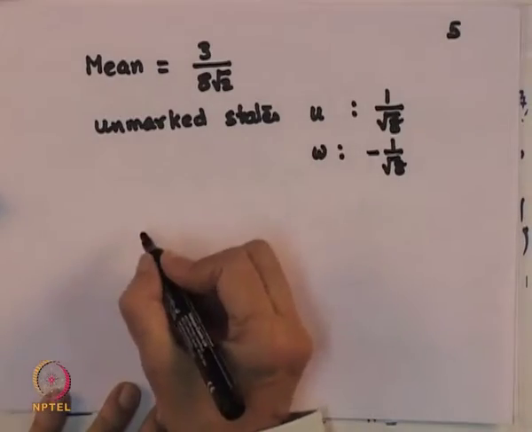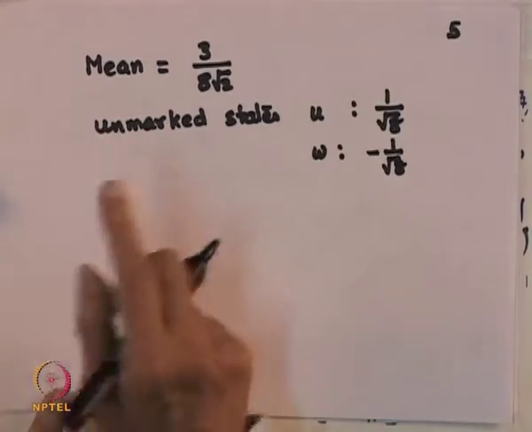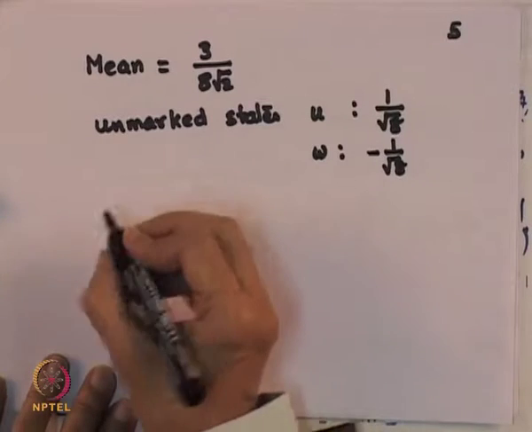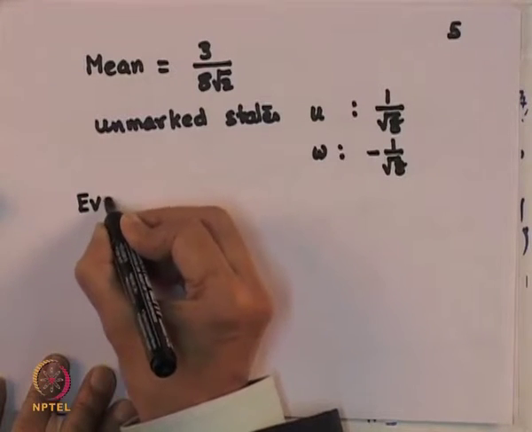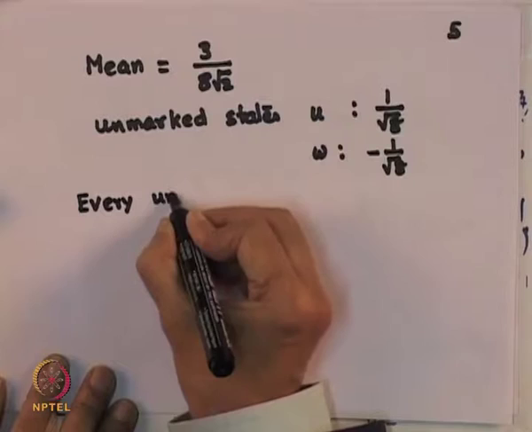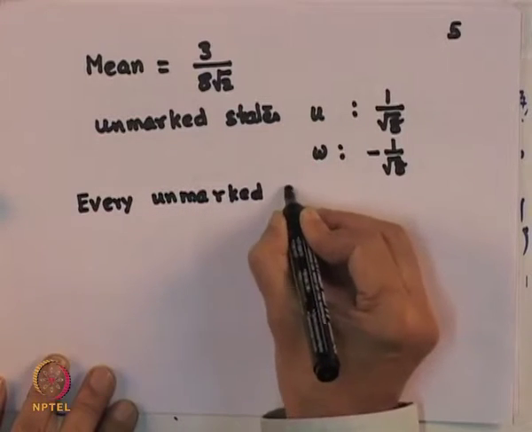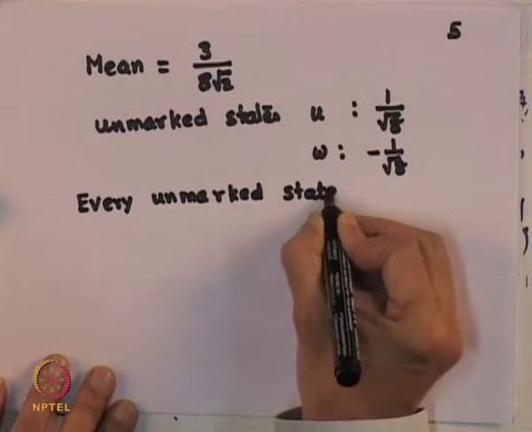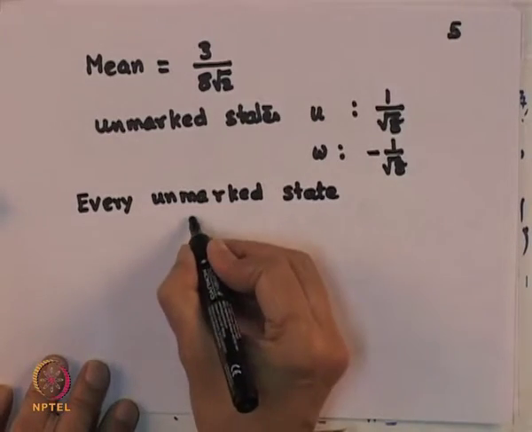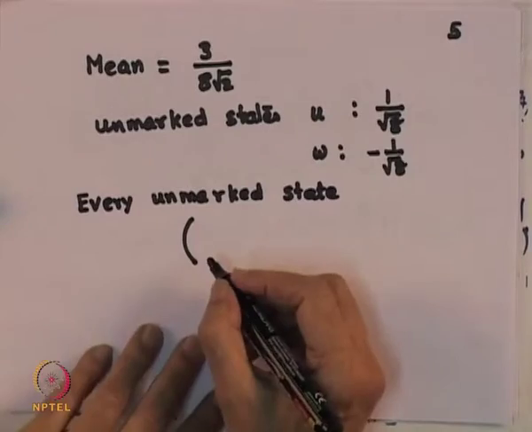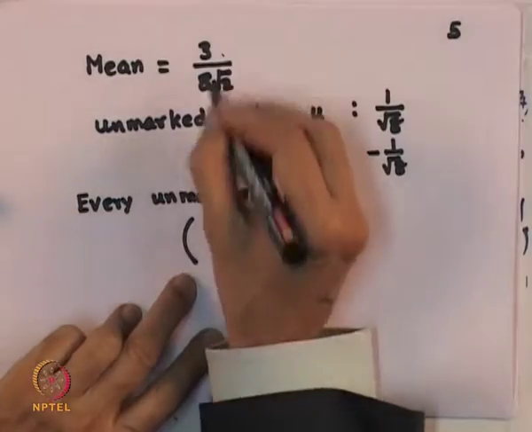So let us look at what is happening by means of that. Every unmarked state will have an amplitude 2 times A bar, which I have already written down.